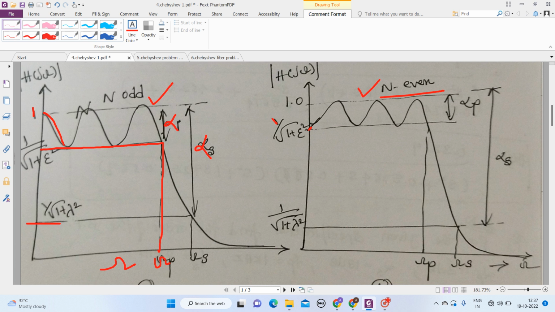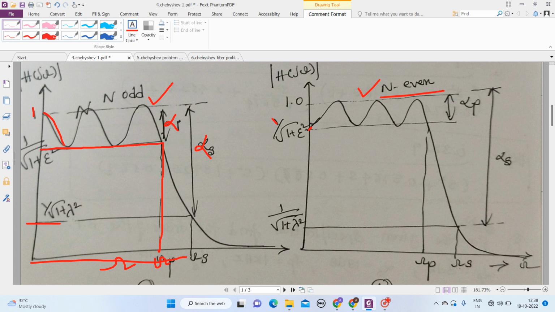Then the stop band frequency is omega subscript s. This is the basic concept of the magnitude parameters related to the filter. It may be a Butterworth filter or it may be a Chebyshev filter.